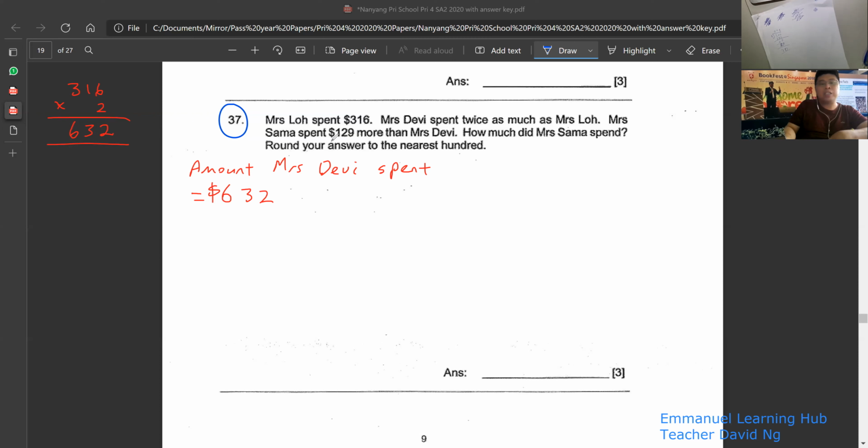Then Mrs. Sama spent 129 more than Mrs. Devi. So what's the amount Mrs. Sama spent? How to find?